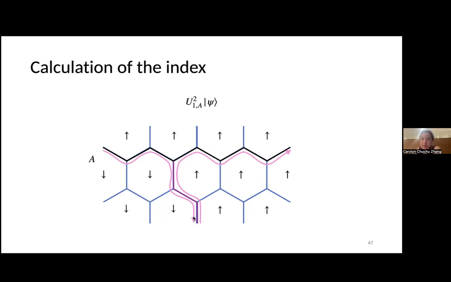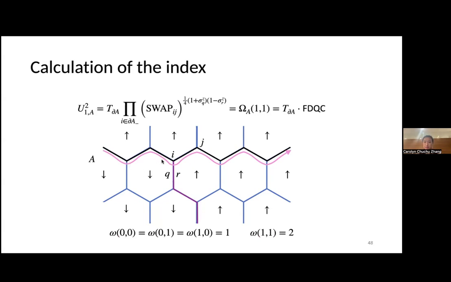And you can see with a bit of work that this does nothing to the bulk of A, so it acts like a Z2 operator. However, it implements a translation up to some finite depth quantum circuit on the boundary of A. So you can do this for any kind of domain wall configuration, and what you find is that as an operator, this U restricted to the region A squares to a translation along the boundary of A up to a finite depth circuit.